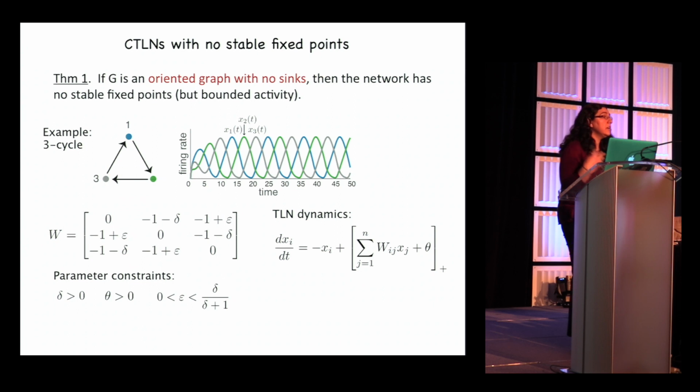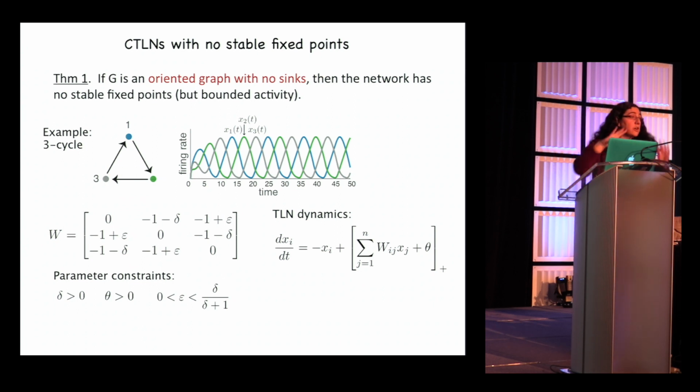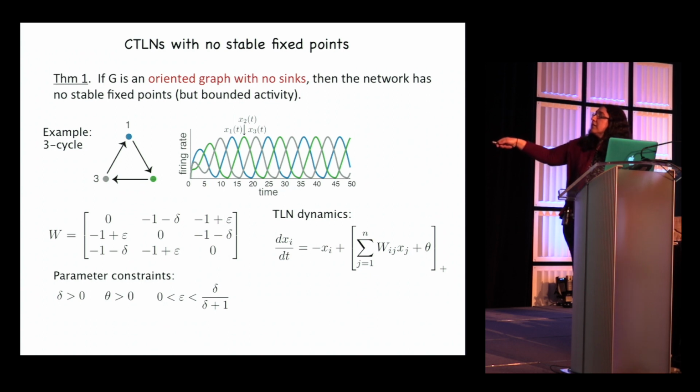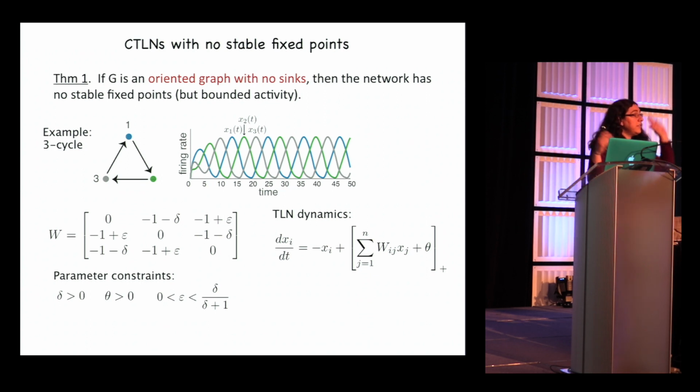So the activity always, in this case, no matter what the initial conditions are, falls into a limit cycle where the neurons fire in order of the cycle. So they follow the arrows of the graph. Even though everyone's inhibiting everybody, because this inhibition is weaker than, say, neuron 1's own self-leak term, the activity is going to move via a kind of disinhibition mechanism.